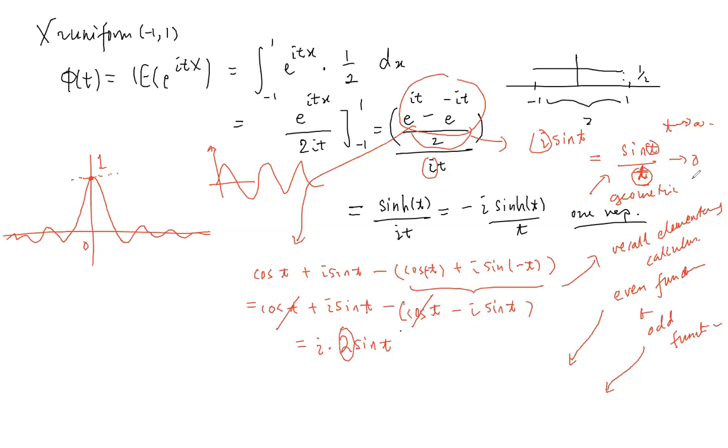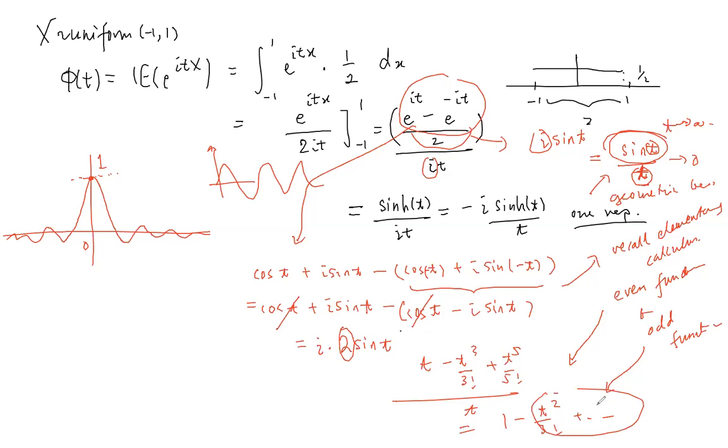Or if you use infinite series, the infinite series for sine t is t minus t cubed over 3 factorial, so it's all the odd powers, divided by t. So you get 1 minus t squared over 3 factorial and so on. All these terms are related to t, and when t tends to 0, this whole bunch goes to 0, you're left with 1. So the graph is like this. This is the graph of the characteristic function for uniform -1 to 1.